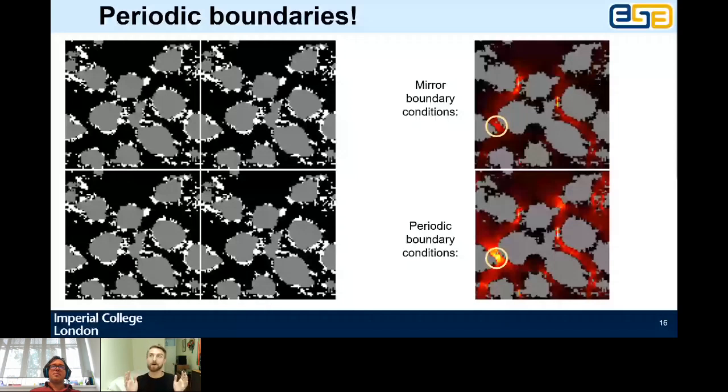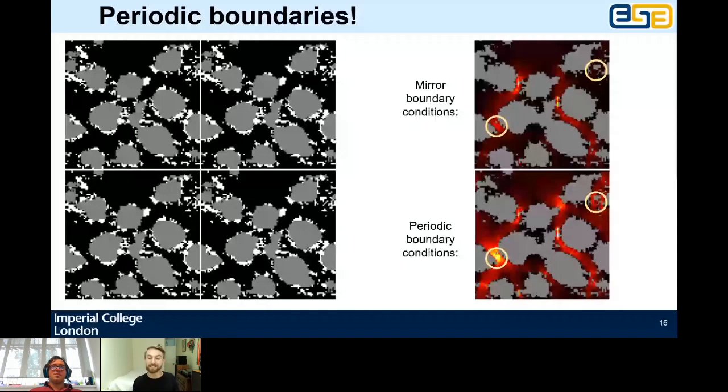So the thing to bear in mind is when you impose these mirror boundary conditions, as we intuitively know, there are paths that go off the side of your volume that appear to be dead ends because you're just using a subvolume, but you know intuitively that they are not dead ends. Had you had a larger volume, they would have carried on and reconnected with the rest of the network. So mirror boundaries were the best you could do with aperiodic or random microstructure. But once you can force it to be periodic, you can take advantage of that.